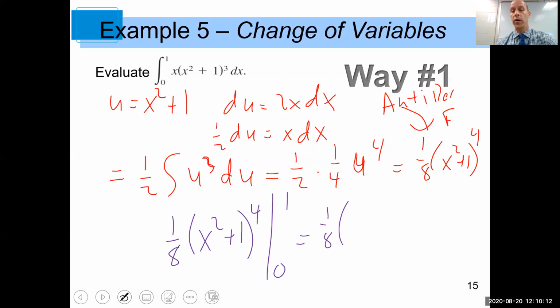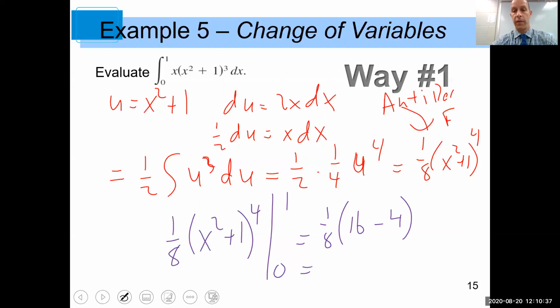So 1 squared is 1, plus 1 is 2, raised to the fourth. I think that's 16. And then I've got to do the minus of the next part, so I plug in 0. 0 squared plus 1 is 1. 1 to the fourth is 4.